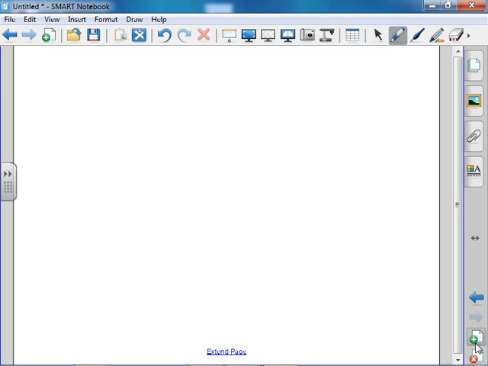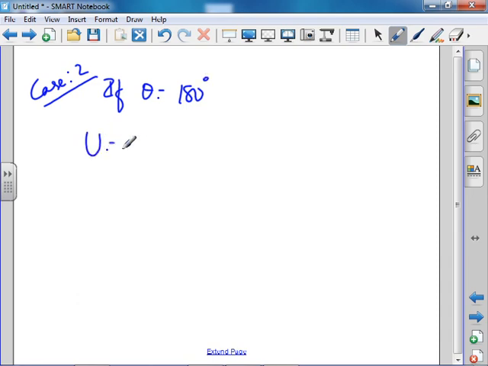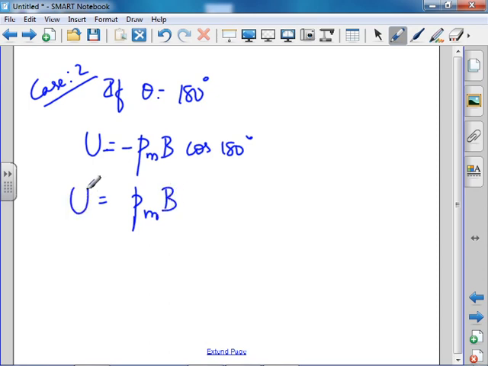Second case, if theta is equal to 180 degree, then U is equal to minus Pmb into cos 180, which is minus 1. So we will get minus of minus plus and we will get Pmb. U is equal to Pmb.